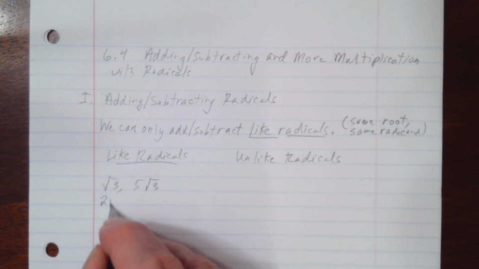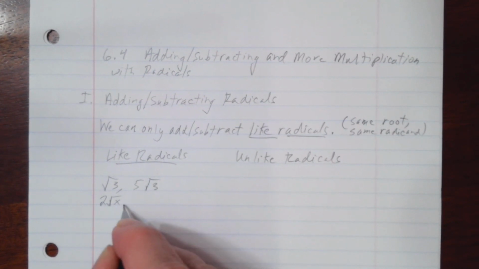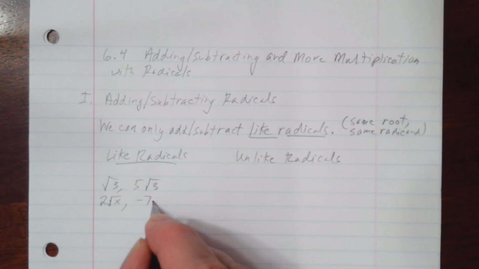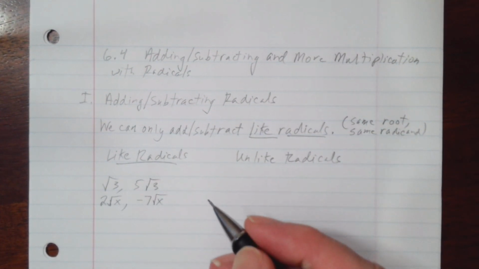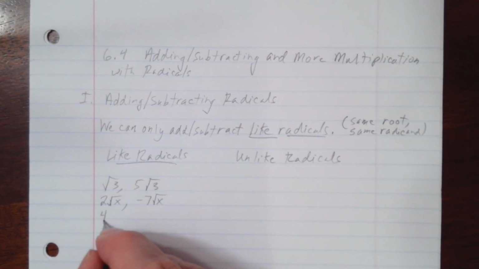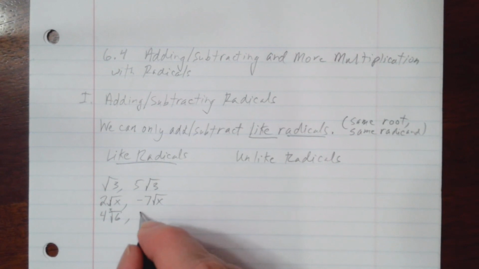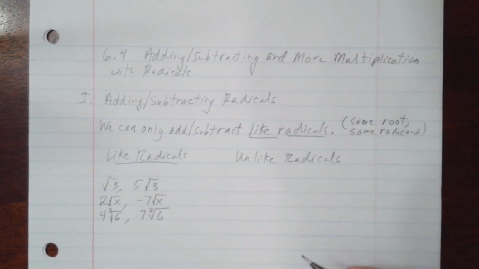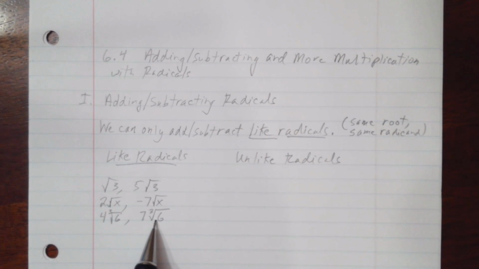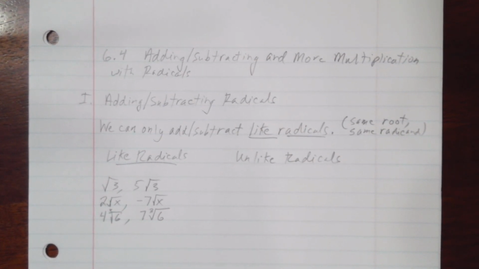Another example would be 2 square roots of x and negative 7 square roots of x. One last example would be 4 cube roots of 6 and 7 cube roots of 6. So in each case we have the same root, like here they're both cube roots, and also the same radicand. The number under the radical is the same.